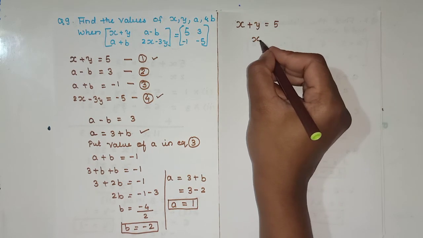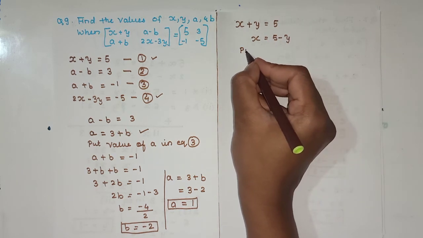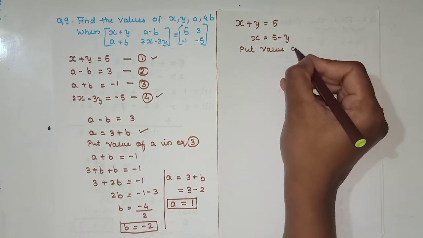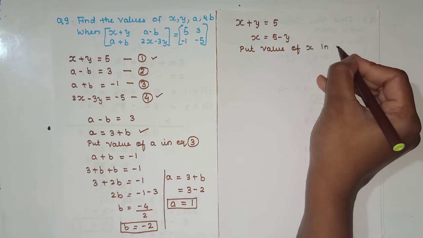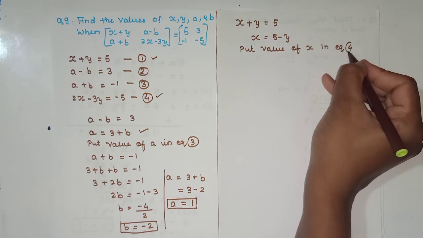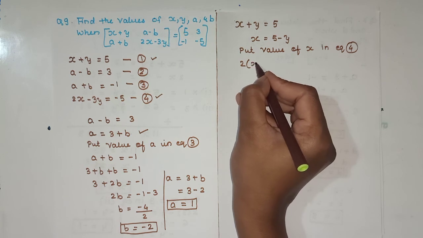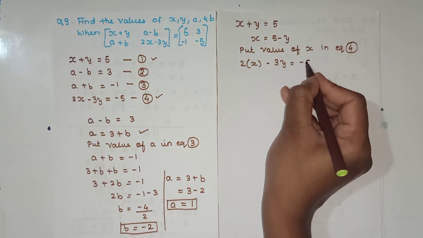So x equals to 5 minus y. So put value of x in equation 4. So what we will get? Twice of x minus 3y equals to minus 5.